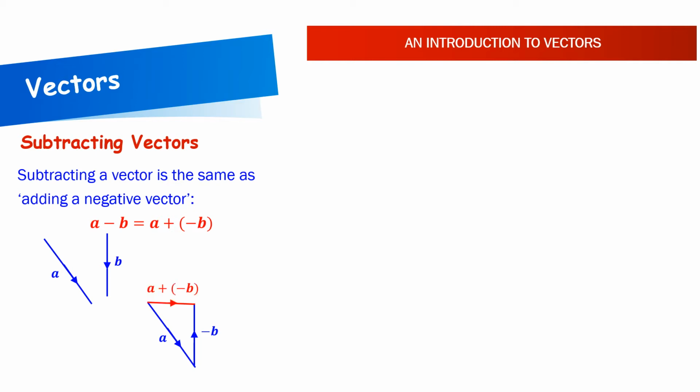And the vector line in red denotes a plus minus b. So to subtract b, simply reverse the direction of b and then add.